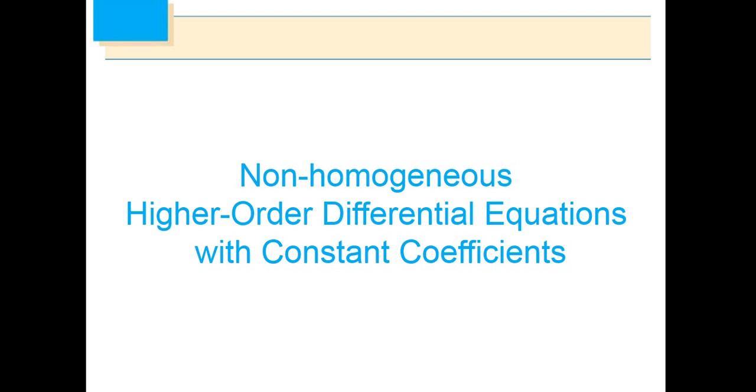So now let's go to non-homogeneous higher order differential equations with constant coefficients. Even if your higher order DE is already non-homogeneous and linear, but the coefficients of the derivatives of your unknown function and even the unknown function itself are not constants, the method of undetermined coefficients cannot be used as well. So it's also restricted to these types of equations in which the coefficients are all constants.